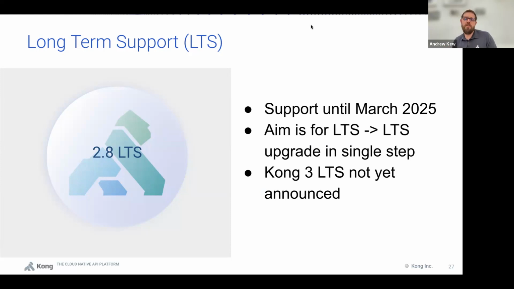There will be a Kong 3 LTS version, which has not yet been announced. So I'm not too sure what version that will be. But if you are in a very complicated sort of architecture and system, and you would rather wait for that one-step deployment, there should be down the road the one-step upgrade to a Kong 3 LTS version.